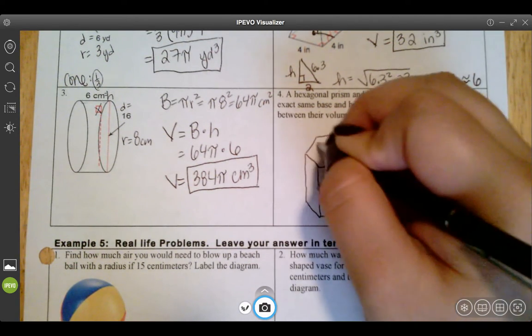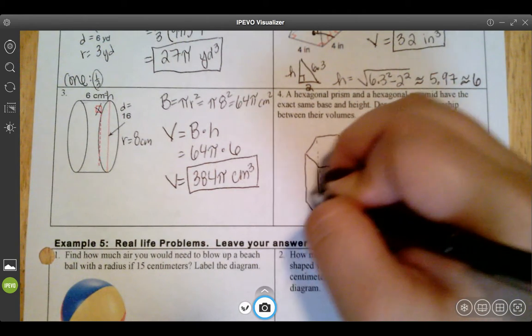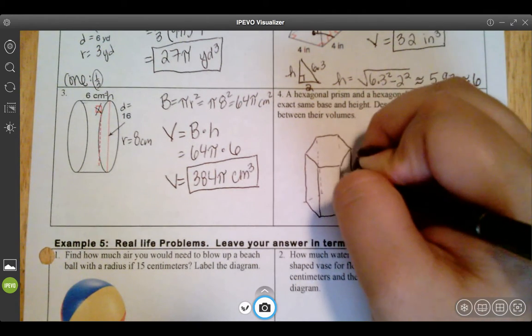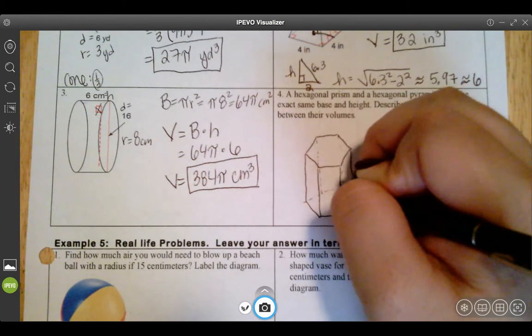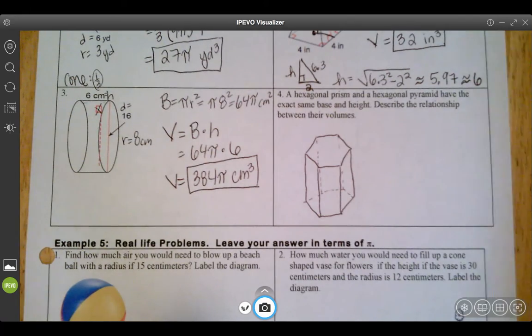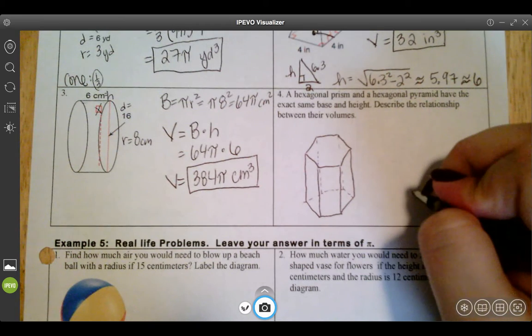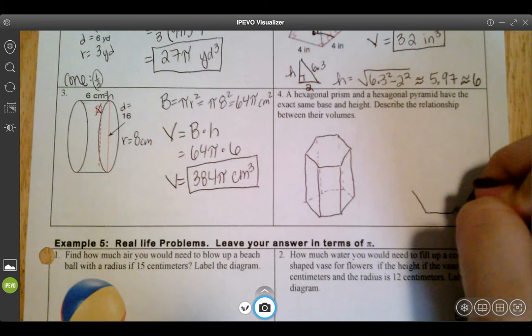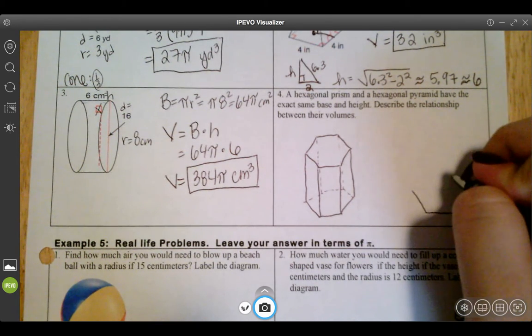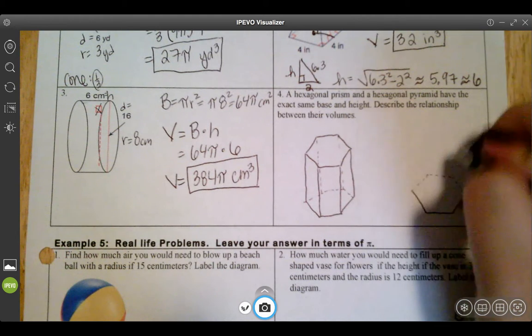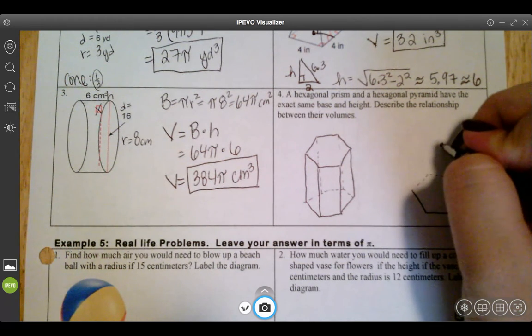So I start by drawing a hexagon, and then I draw the other sides, dotted just because they're behind, so it gives you a sense of depth. So there's a hexagonal prism, and then a hexagonal pyramid. Something like this. They all go to a vertex. The back two will be hidden.